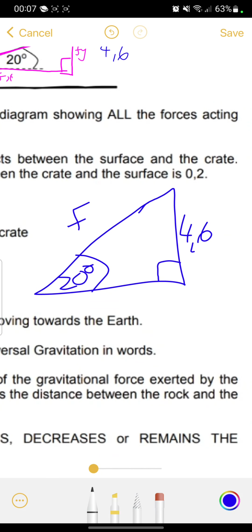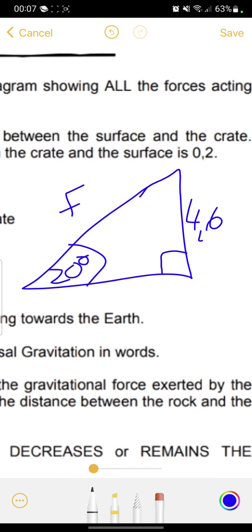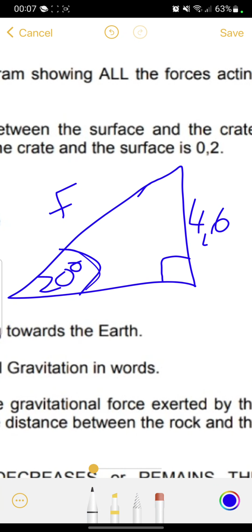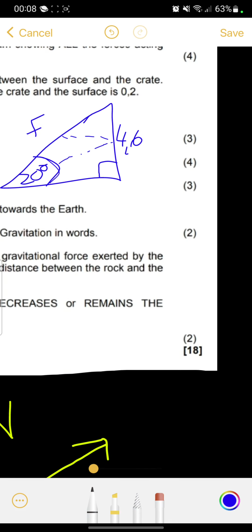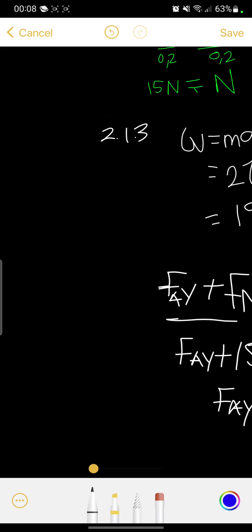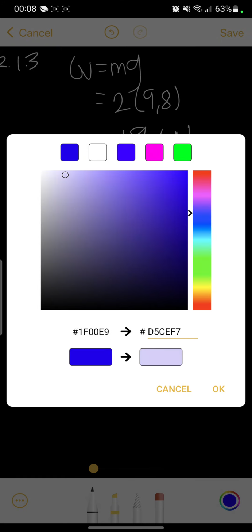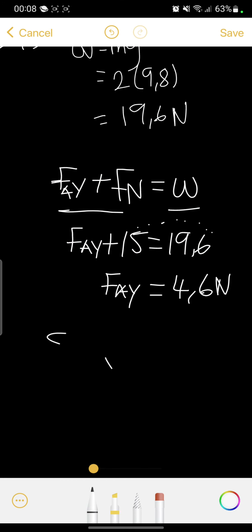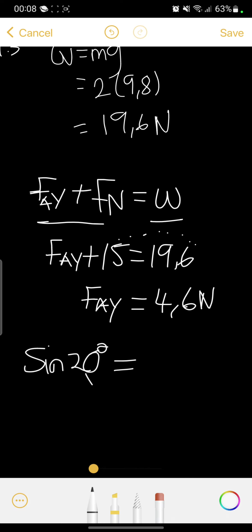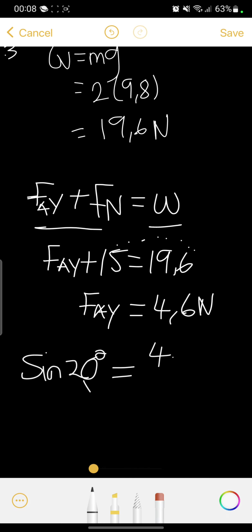So now we have enough information in order to calculate F, which is our hypotenuse. So now we have an angle and a side that is opposite this angle, and we are looking for the hypotenuse. So the ratio that comes to my mind is sine. Sine of 20 degrees. So let's write sine of 20 degrees is equal to, our opposite is what? 4.6.